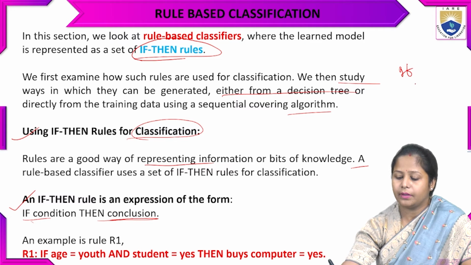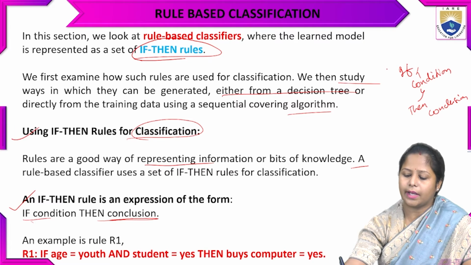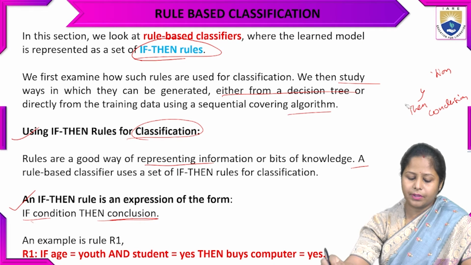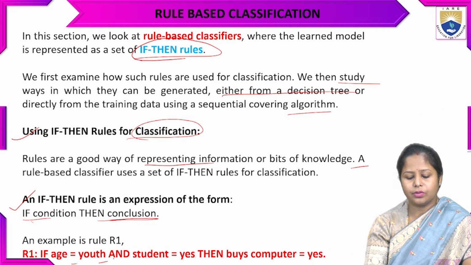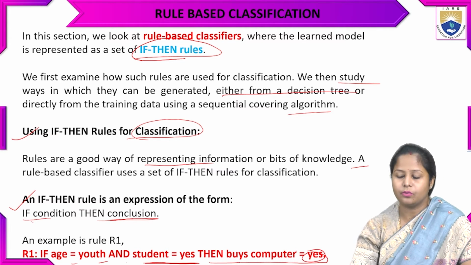We write the condition, and then the conclusion. For example, rule R1 is: if age is youth and student is yes, then buys computer is yes. This was the rule.